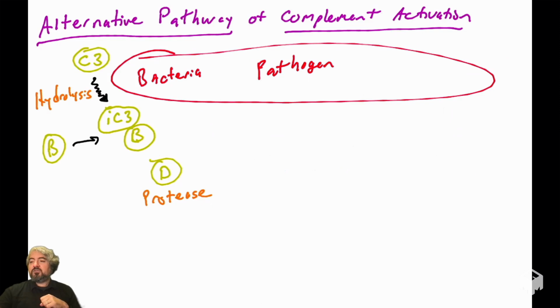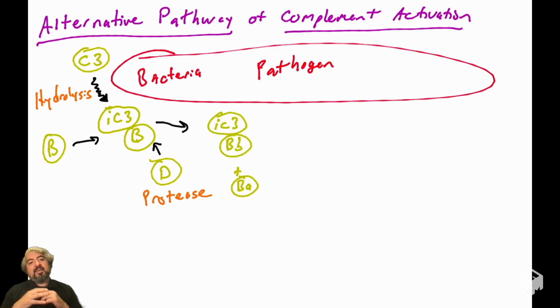I'm going to introduce this concept to you now: factor D can cleave factor B only when factor B is associated with IC3. You'll see there, factor D didn't attack factor B on its own. It only attacked factor B when factor B was bound to IC3.